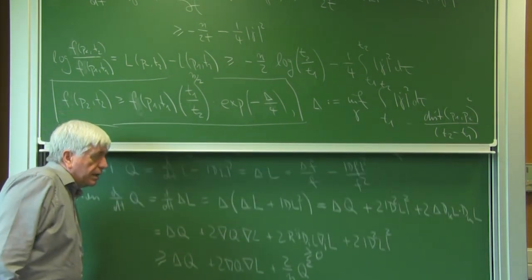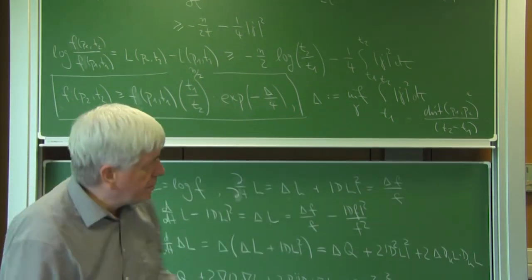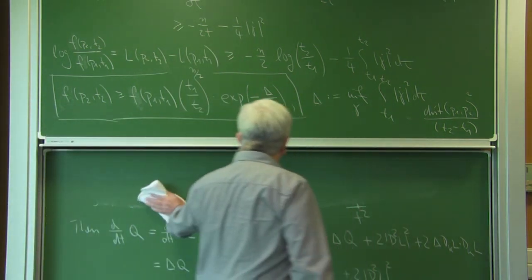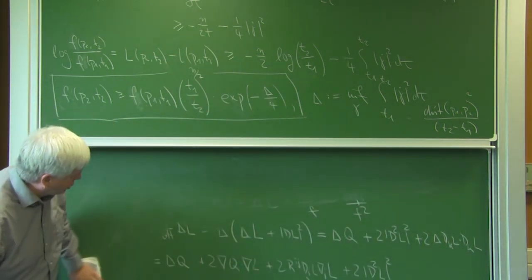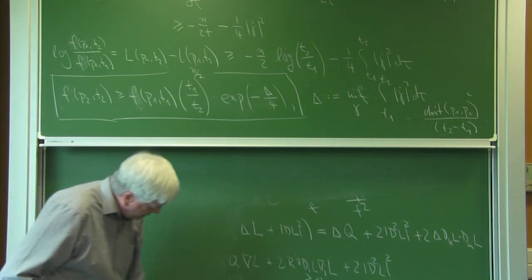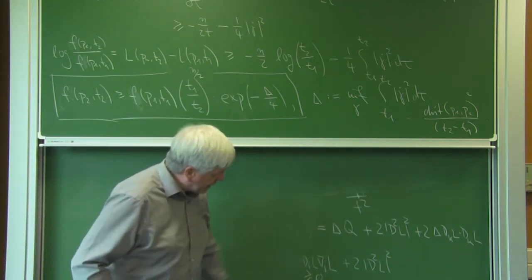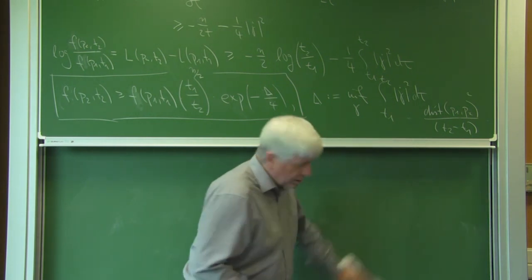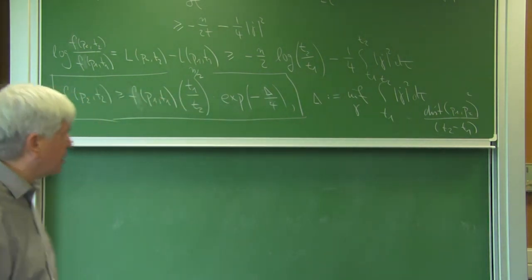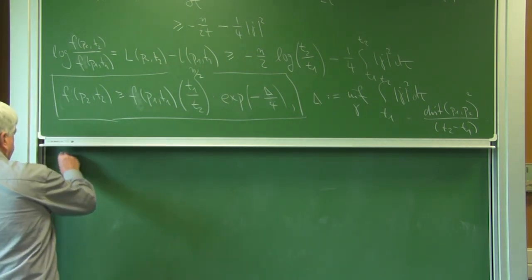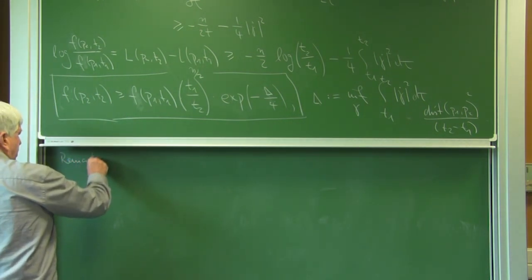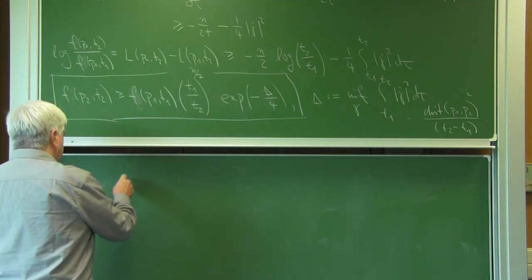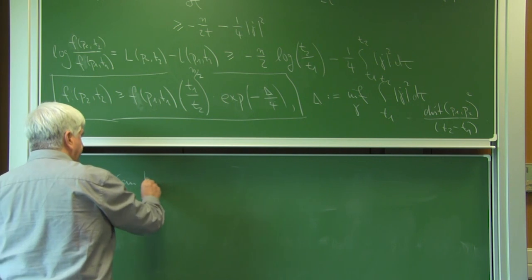Now, a couple of comments should be made. In Euclidean space, this can actually be made into a matrix inequality. So, remark: this can be sharpened.